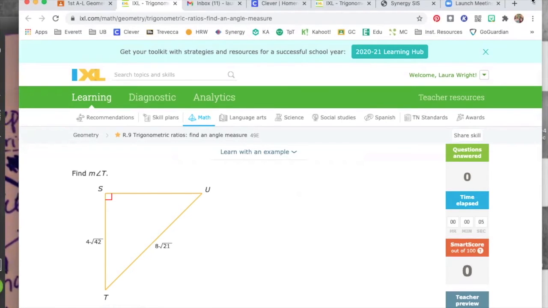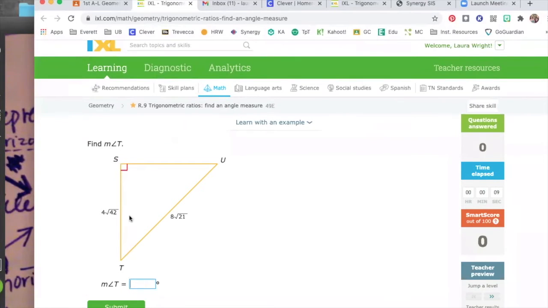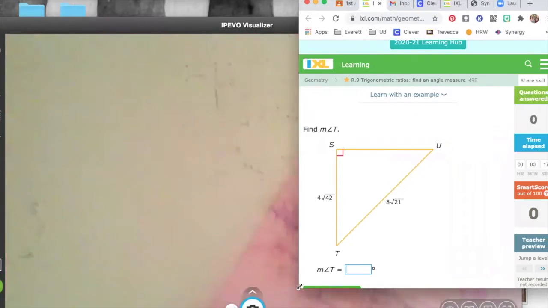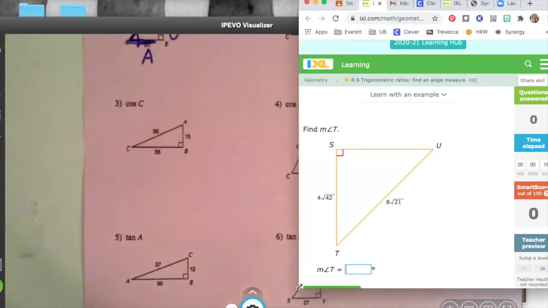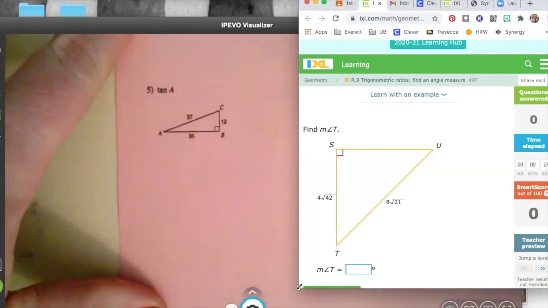You're still setting up, in this case for T, the adjacent and hypotenuse. Let me find some blank space and I'll work it over here for us, okay? So to find angle T, I know I've got the adjacent and I know I've got the hypotenuse.